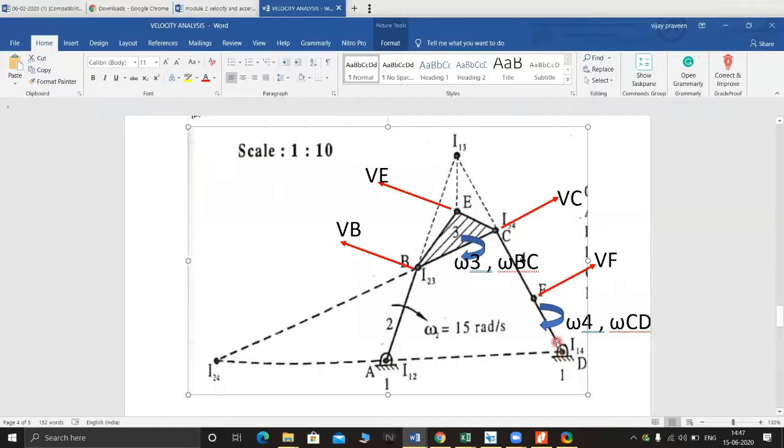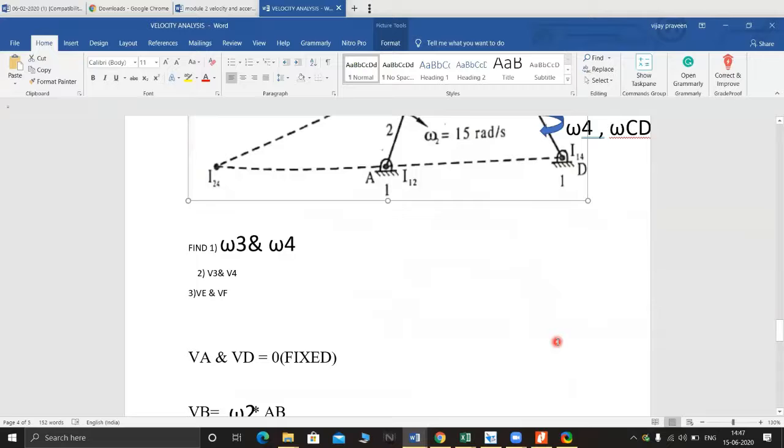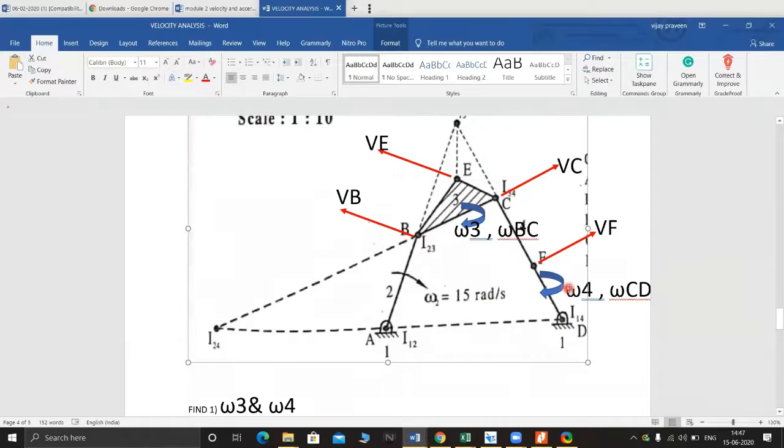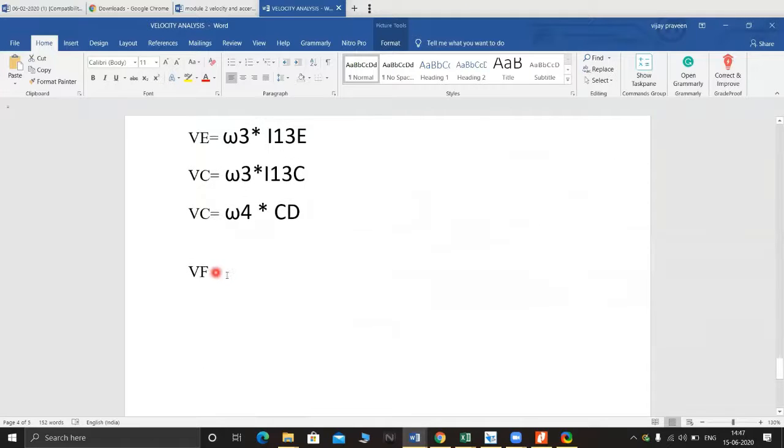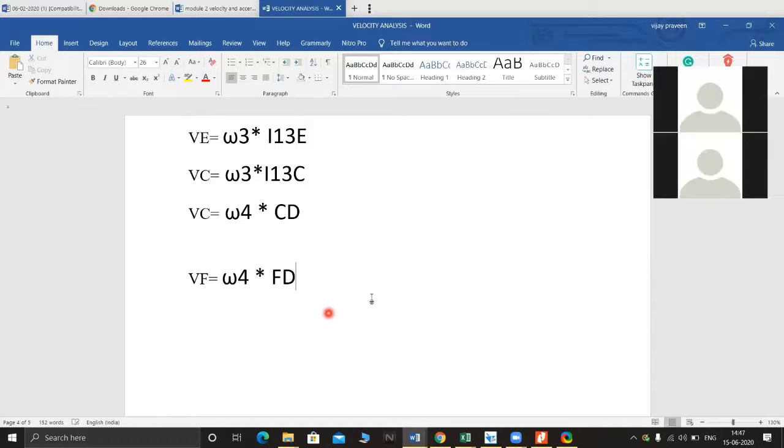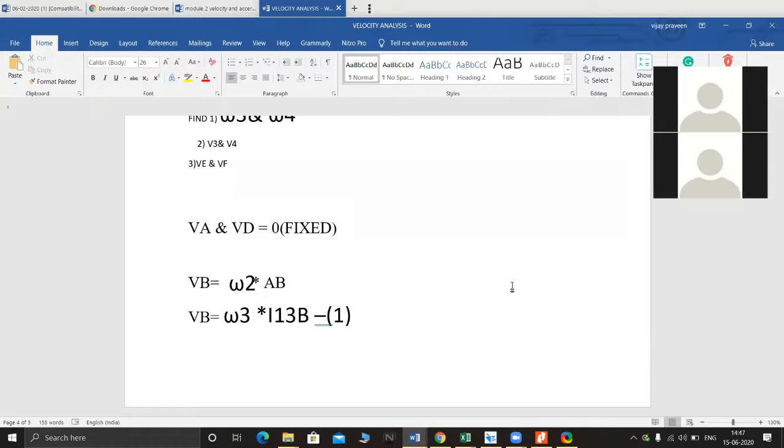It is not I1, it is FD. So Vf is omega 4 into the distance with respect to point D, which is FD.